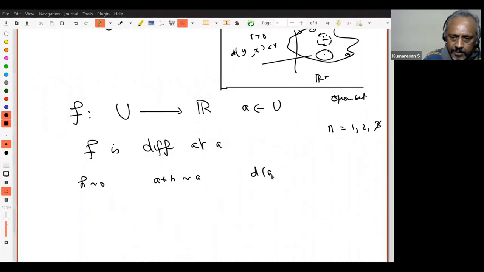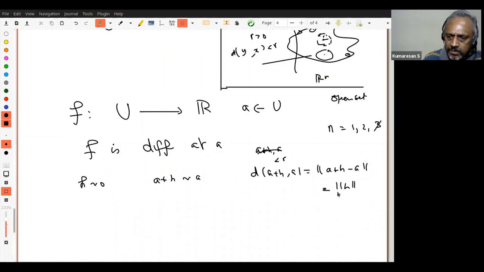Because the distance between A plus H and A will be the length of this vector H. So we know that for all y at a distance less than r, suppose the distance between A plus H and A is less than r, that means the same as saying the length of the vector H is less than r. Okay, then A plus H will be in U. How many of you understand what I'm saying?